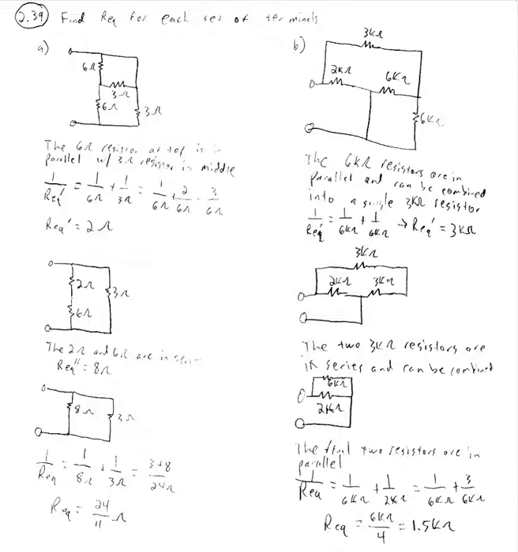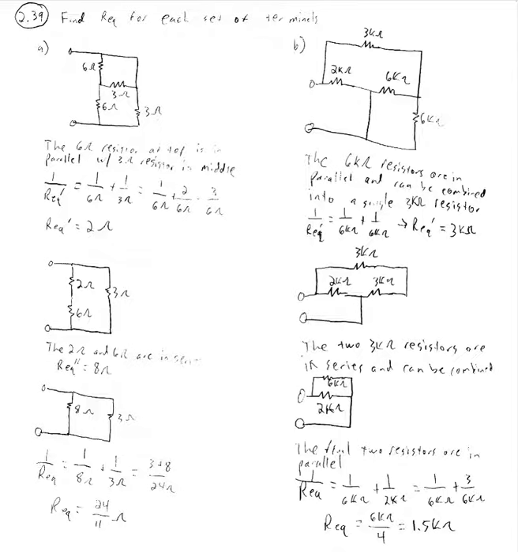And now we're just going to stretch the branch that previously stopped right here. Even though this is equivalent, one big node, now the 3 ohm is connected up there. Now, as drawn, we can see some fairly easy series and parallel relationships. The 2 ohm and the 6 ohm are clearly in series. That's the easiest one to combine, so let's just go ahead and add 2 to 6 and get 8 ohms.